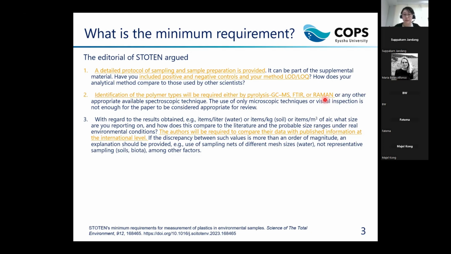The editorial of the journal said about microplastic research: to publish a paper in this journal, a detailed protocol of sampling and sample preparation should be provided. Also, the author should include positive and negative controls, and should mention the limit of detection and limit of quantification.